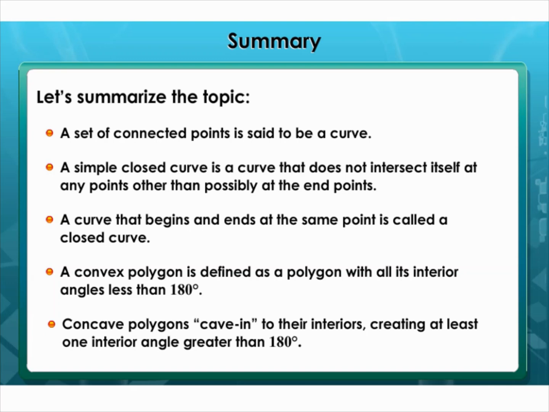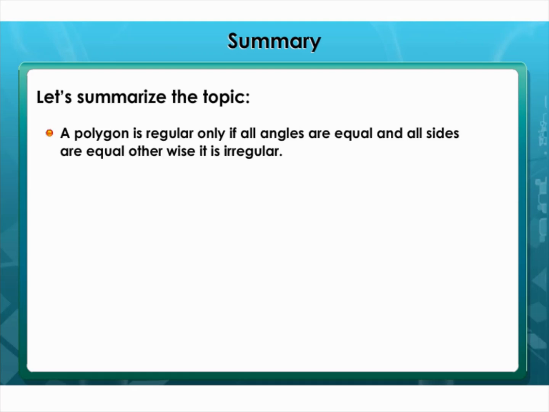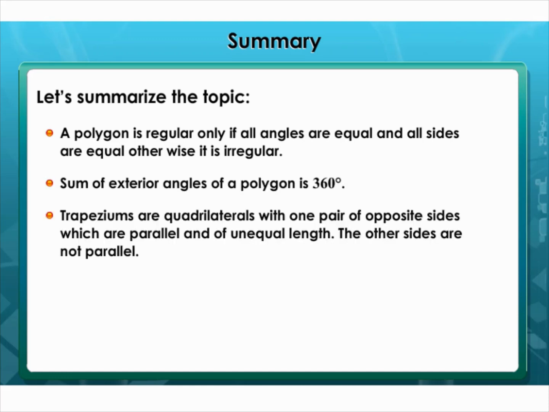Concave polygons cave in to their interiors, creating at least one interior angle greater than 180 degrees. A polygon is regular only if all angles are equal and all sides are equal. Otherwise, it is irregular. The sum of exterior angles of a polygon is 360 degrees.